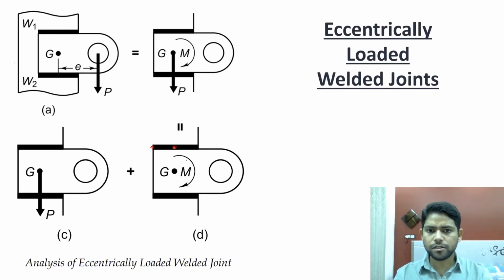We will call this point A and this point B. Since the distance of the point B from the center of gravity is smaller than the distance of the point A from the center of gravity, the magnitude of the secondary shear stress induced at point B will always be smaller when compared to the magnitude of the secondary shear stress induced at A, because the magnitude is directly proportional to this distance, and we will call this distance R.